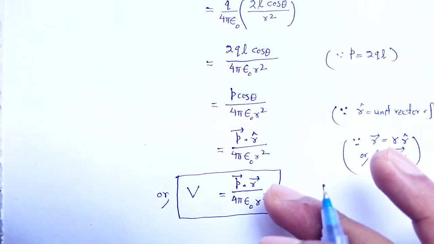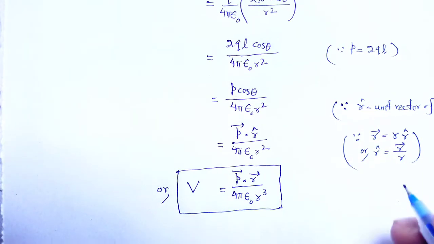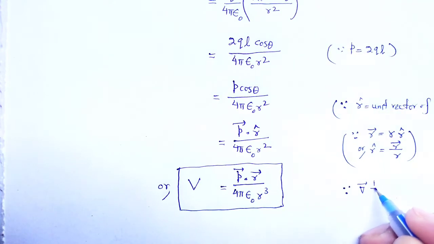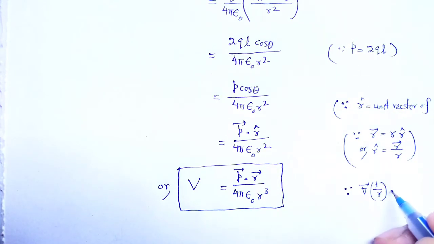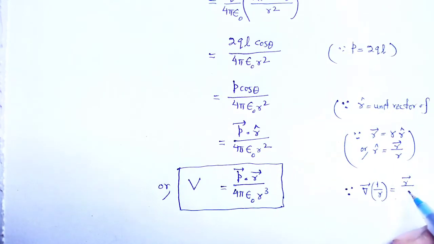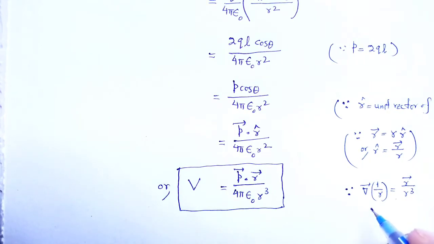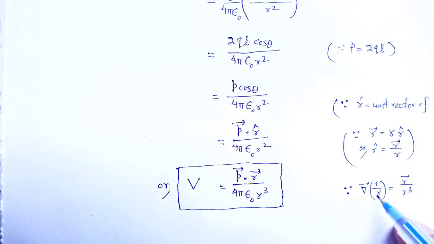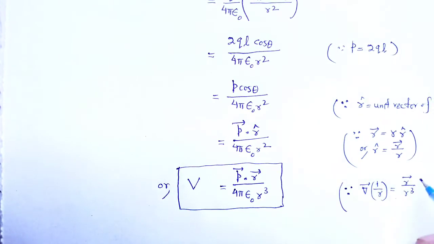Now that can be written in terms of gradient. Here we know grad of 1 by r is equal to minus r vector divided by r cube. So r vector divided by r cube can be substituted as minus grad of 1 by r.